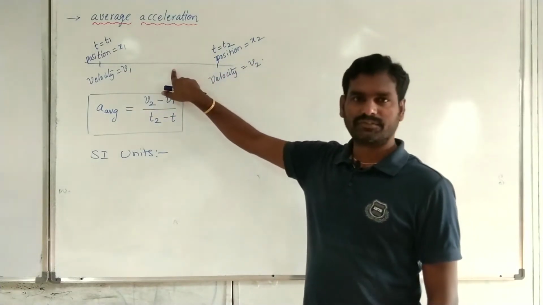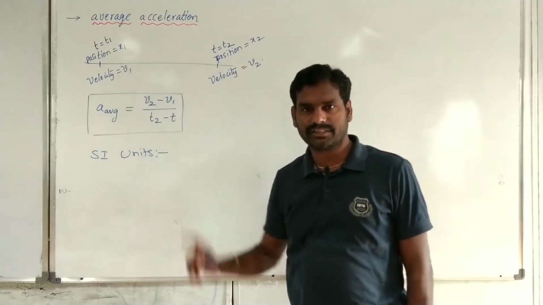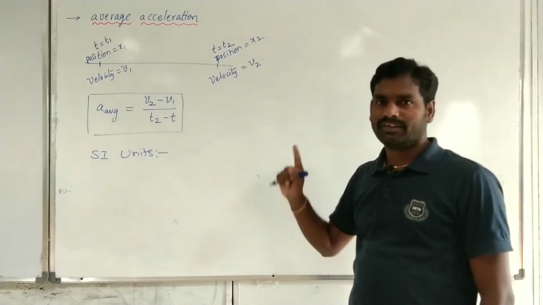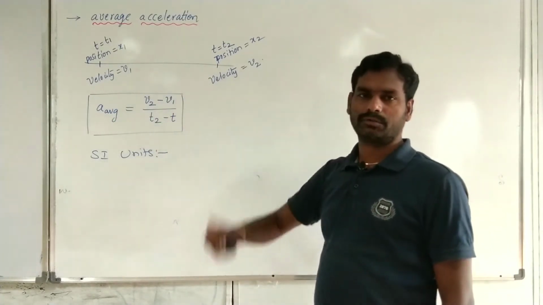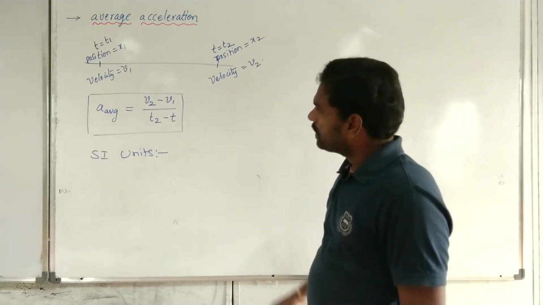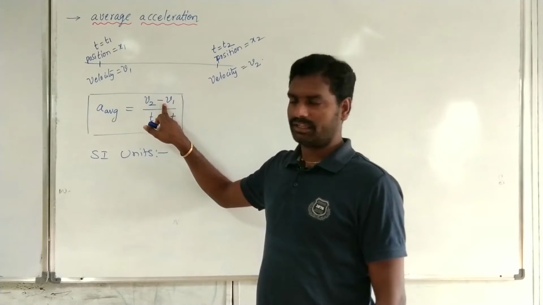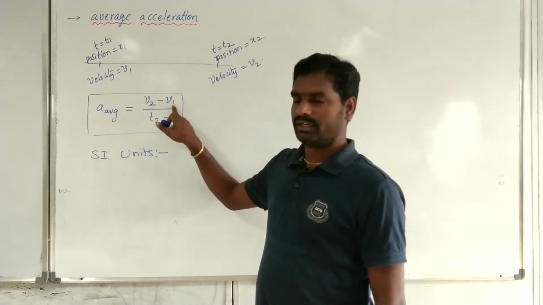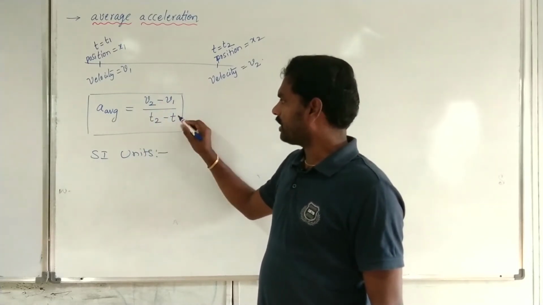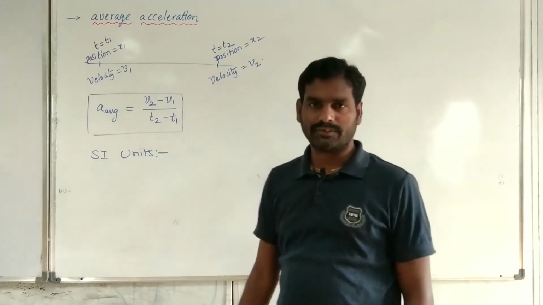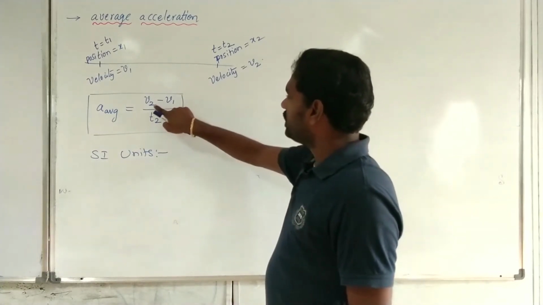Direction is fixed, only the magnitude of the velocity is changing from v1 to v2. So, the average acceleration is given by the change in velocity, v2 minus v1, divided by the time interval, t2 minus t1.